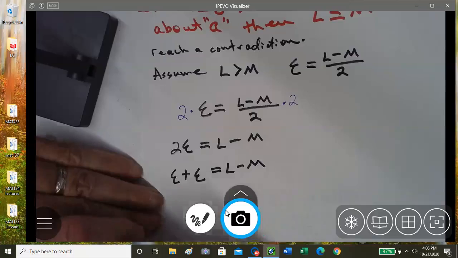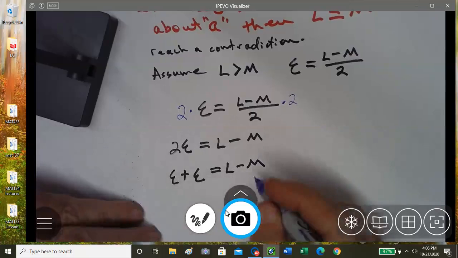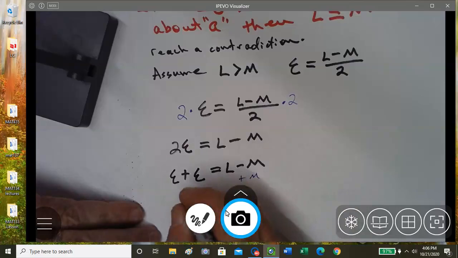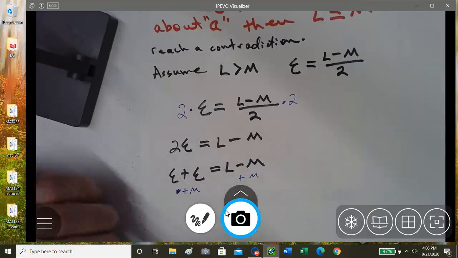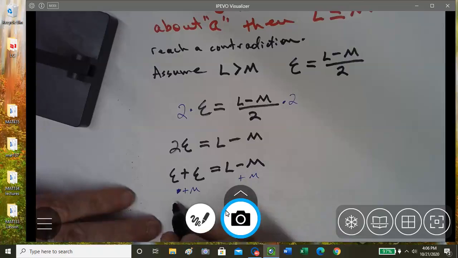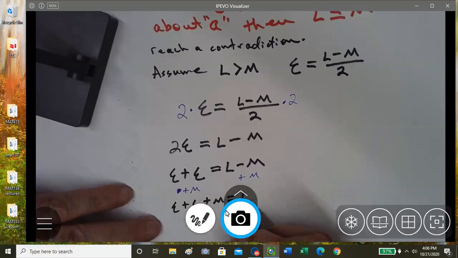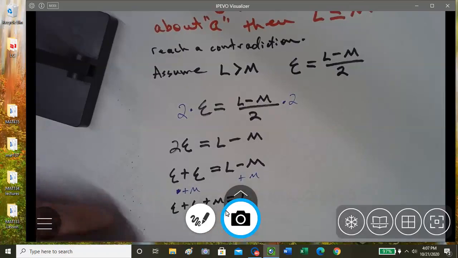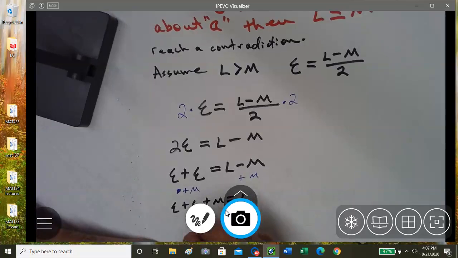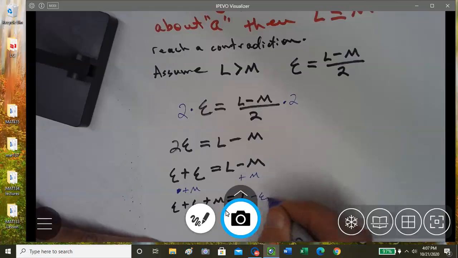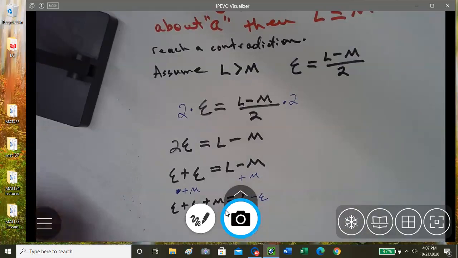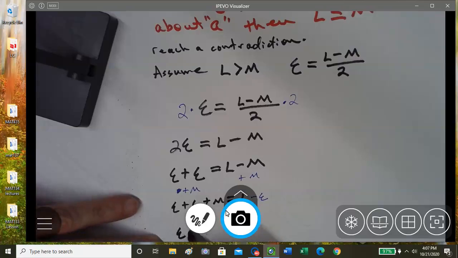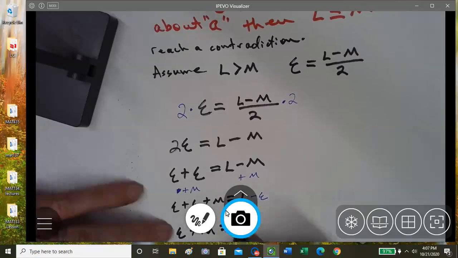Now if we apply plus m to both sides, we've got epsilon plus m equals L, and then we subtract one of the epsilons, so we've got epsilon plus m equals L minus epsilon.